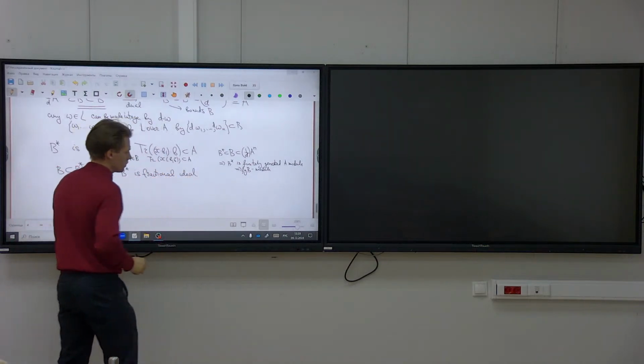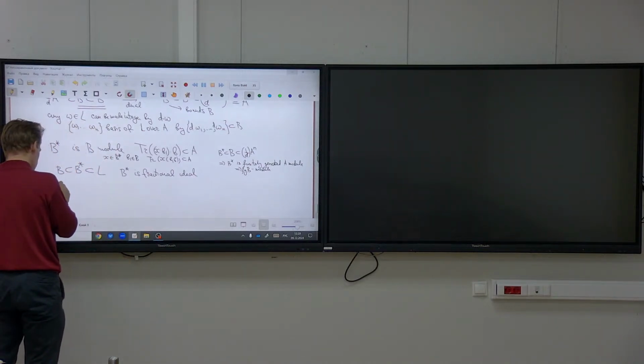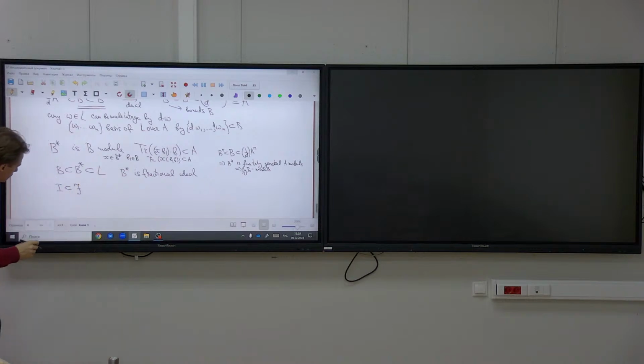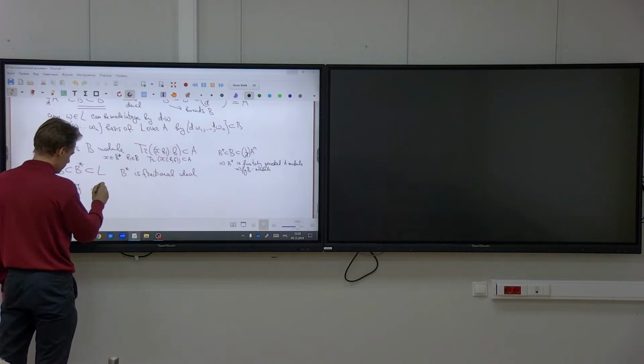So we can invert it. And the benefit is, if you have I and J, so why do we want to invert it? Just because when you invert ideals, you have opposite inclusions.